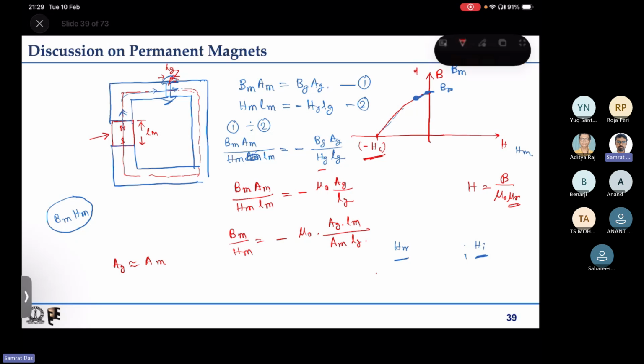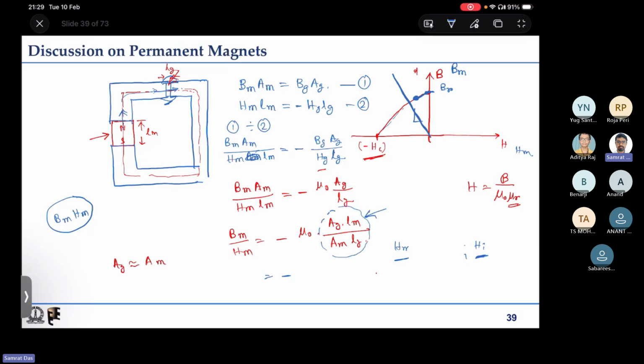It is something like this, where this slope depends on this ratio. If I rewrite it, Lm by Am can be written together, and Lg by Ag can be written together.